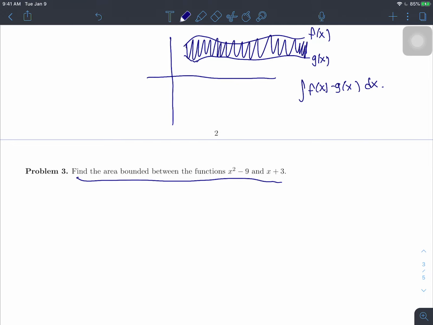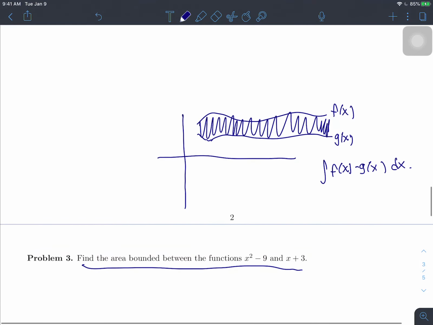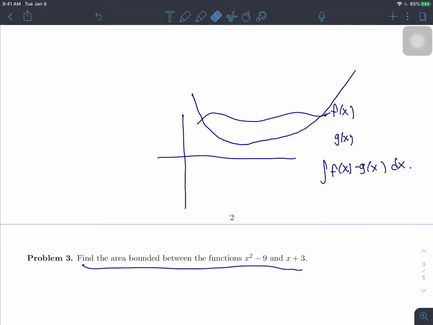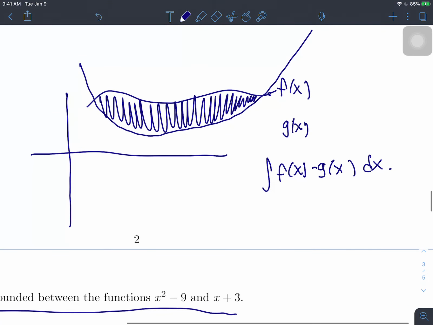But there was a little bit of a snafu. What was the snafu? Let me redraw this a little bit better. If we wanted to express this as an integral, we had to decide the bounds of integration, a to b.